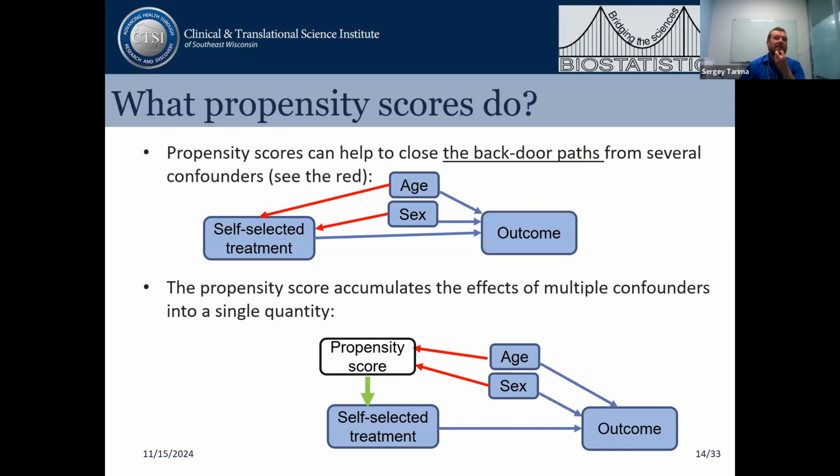In this case, this propensity score is influenced by age and sex, and it determines the probability that a patient selects treatment as opposed to being not treated. So we can say that the propensity score accumulates the effects of multiple confounders into a single quantity.